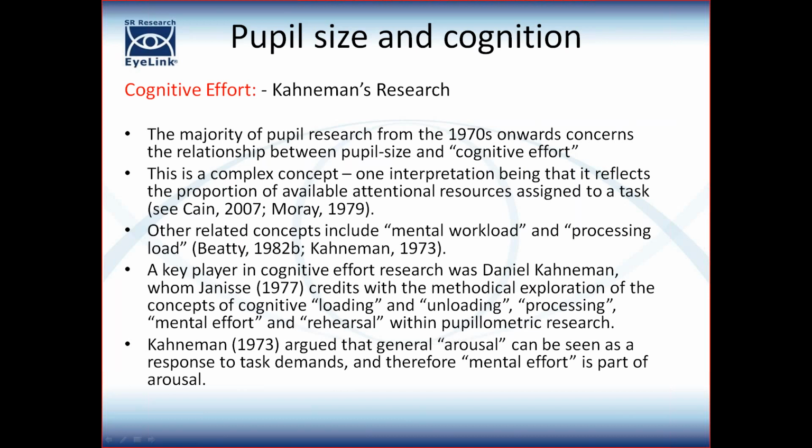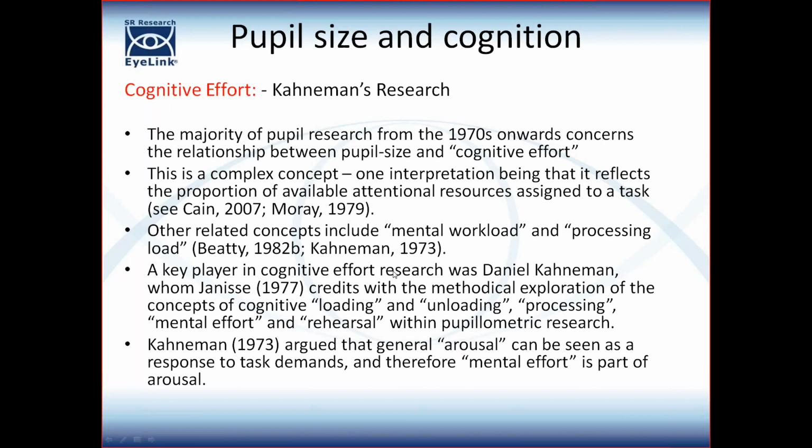But I think one of the problems with Hess's research was it gave pupillometry a bit of a bad name for a while, which is a shame, because at the same time, Daniel Kahneman, who's far more famous for prospect theory and all of the other things, was doing some very interesting and very well designed and well controlled pupillometry research, looking at the impact of what you could call cognitive effort on pupil size.